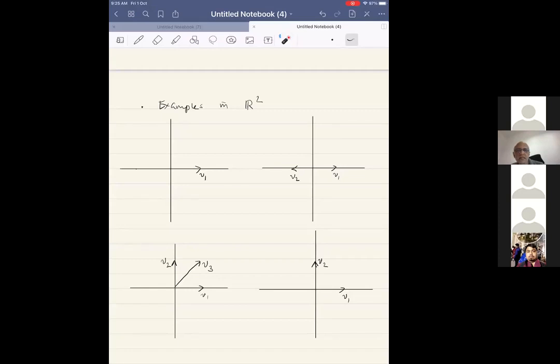The second subset consists of 2 non-zero vectors, both on the x-axis. The third subset consists of 2 non-zero vectors, one pointing along the x-axis, one pointing along the y-axis. And the last subset consists of 3 vectors, one along the x-axis, one along the y-axis, and the third pointing along the diagonal. What you have to ask yourself is which of these subsets is linearly independent and which of them is not.